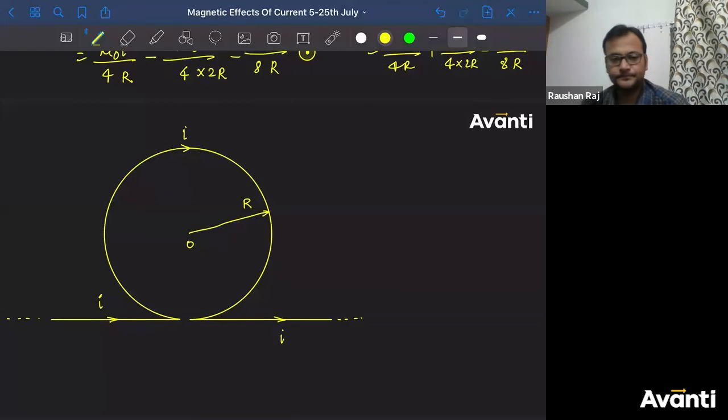Let us see. Get your answers and once I discuss it, verify it. ठीक है? Are you sure, Shreya, that all of them will be added? For all of them to be added, magnetic field because of each one of the elements should be in the same direction. Are you sure that they will be in the same direction?